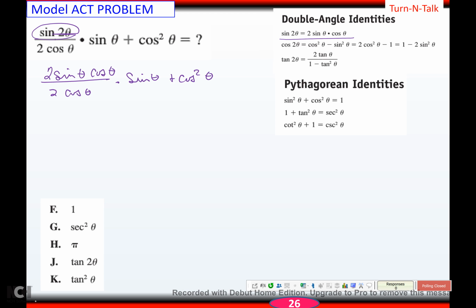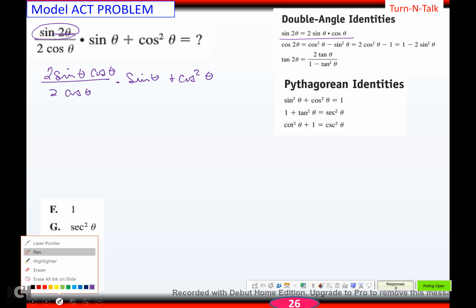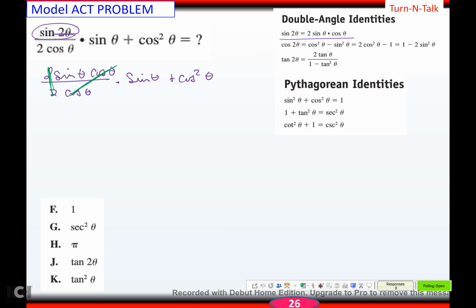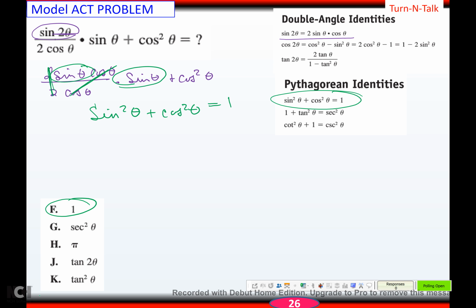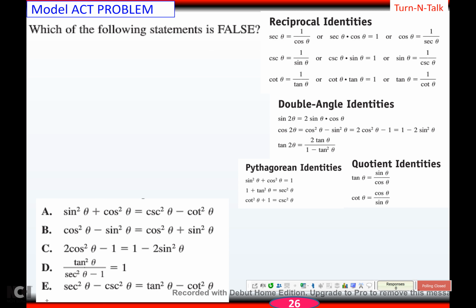Oops, sorry. So on this one, I can cancel out the 2's and the cosine theta, which leaves me sine theta times sine theta, which is sine squared theta, plus cosine squared theta, which is my most famous Pythagorean identity of all, which equals 1. Cool beans. Alright, try this one.